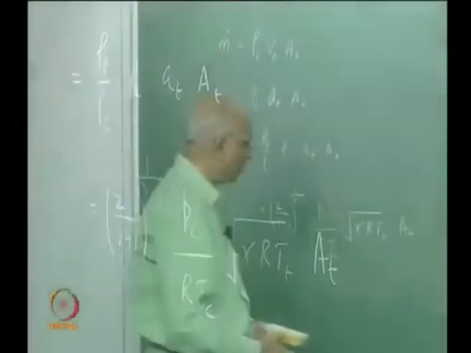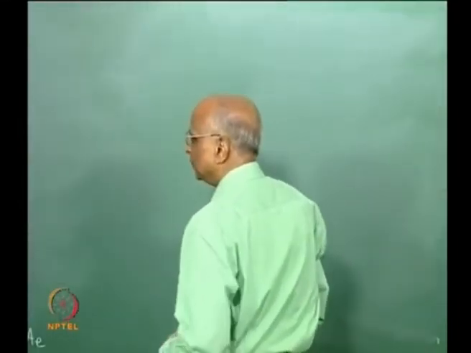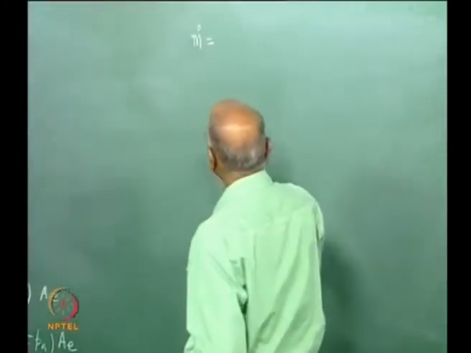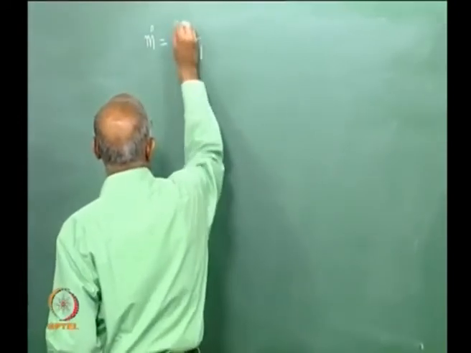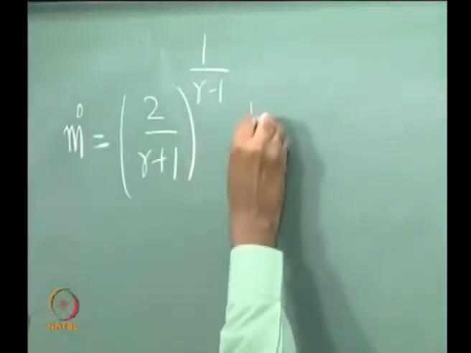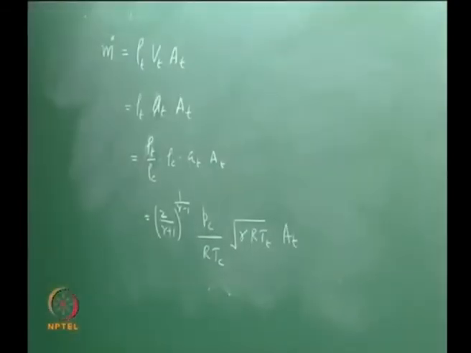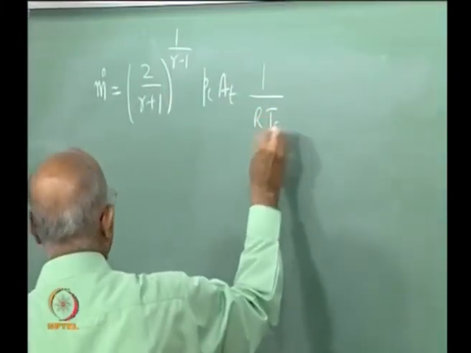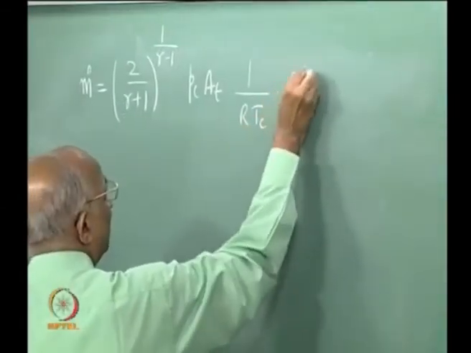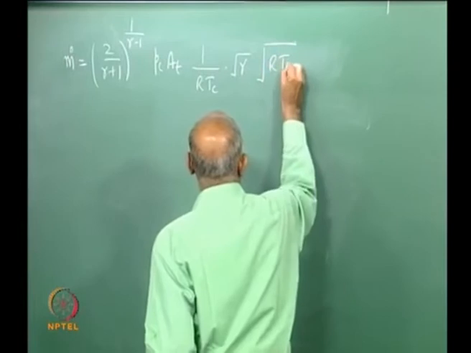Therefore what does this expression translate to? The mass flow rate m dot is equal to 2 over gamma plus 1 to the power 1 over gamma minus 1, Pc, I take At over here together, now I have 1 over RTC into under root gamma into under root RTT.